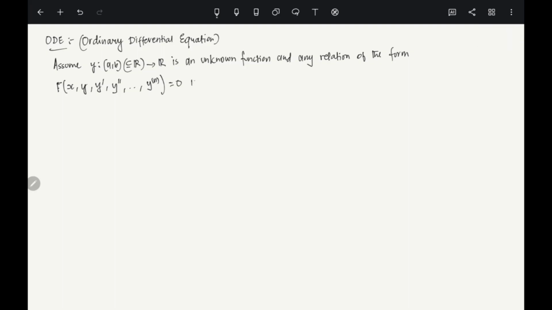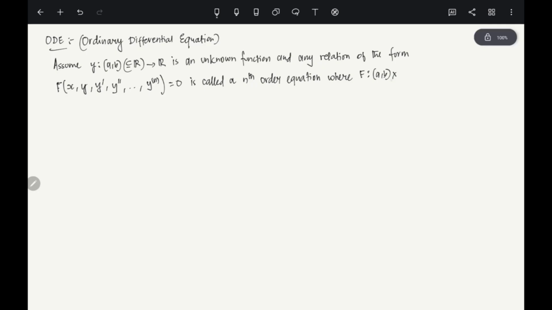So this is called an nth order equation. Order means the highest order of the derivative which exists in the equation. Where F is a function defined from AB cross R to the power n, where n can be a natural number.